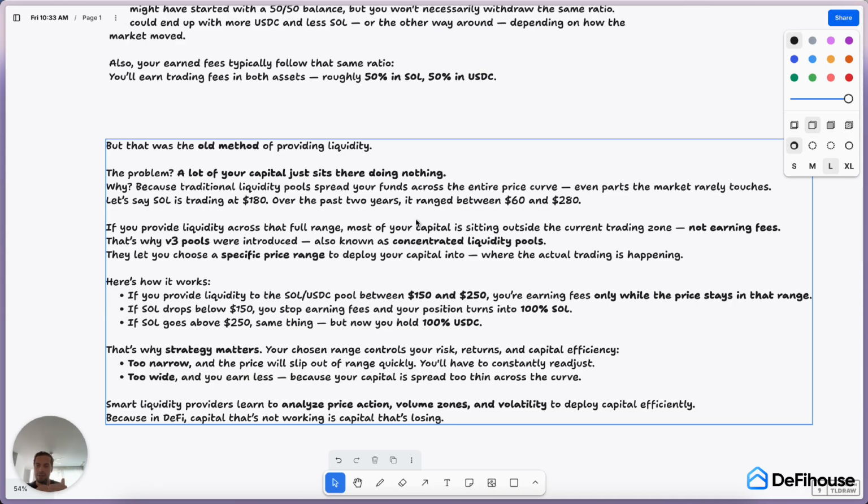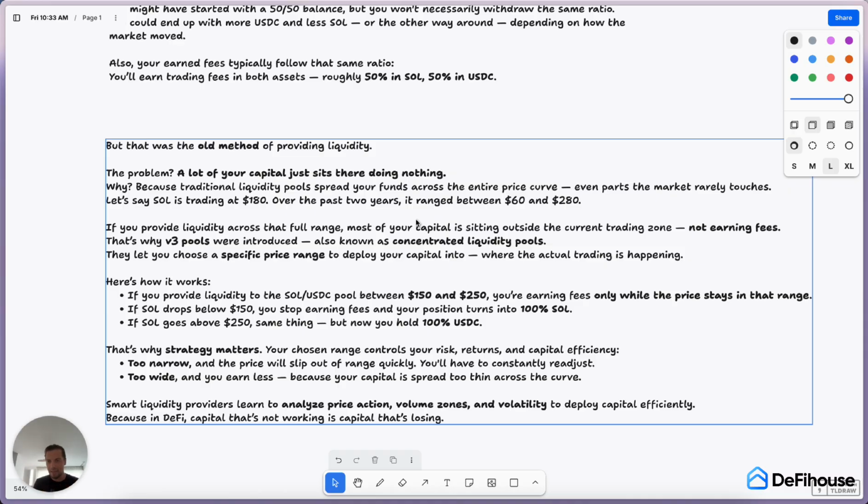So if it breaks 250, same thing, you are no longer earning the fees, and now you hold 100% in USDC. It's not a problem, but it could be in two different ways.